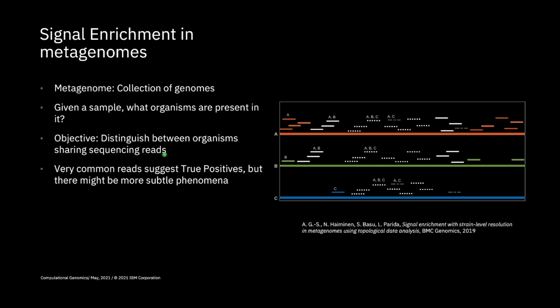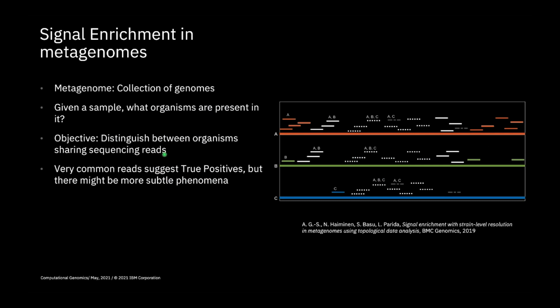In that case, you can be convinced that that organism is actually there, right? Because there are reads that map to this organism, but no other. So the only explanation other than some form of contamination or defects is that the organism is present. But this is not necessarily always the case.